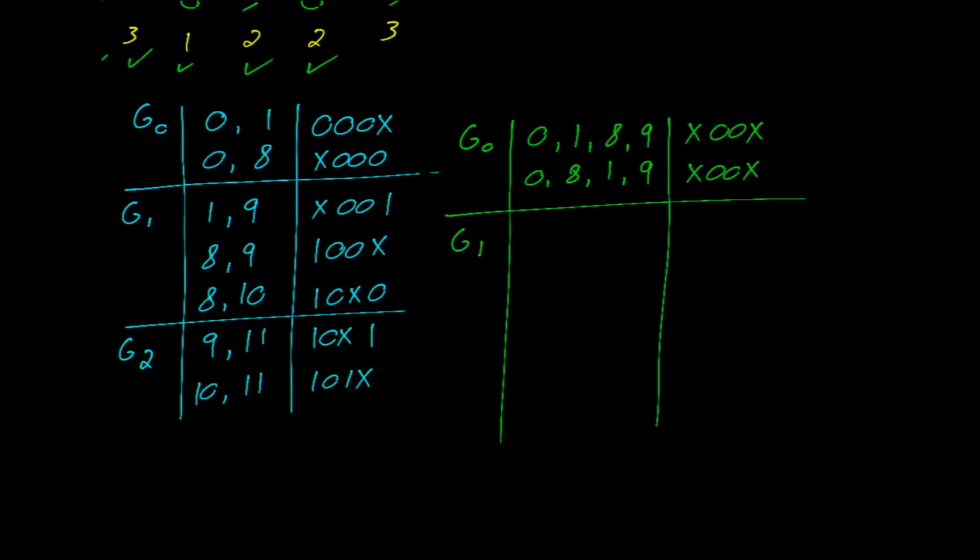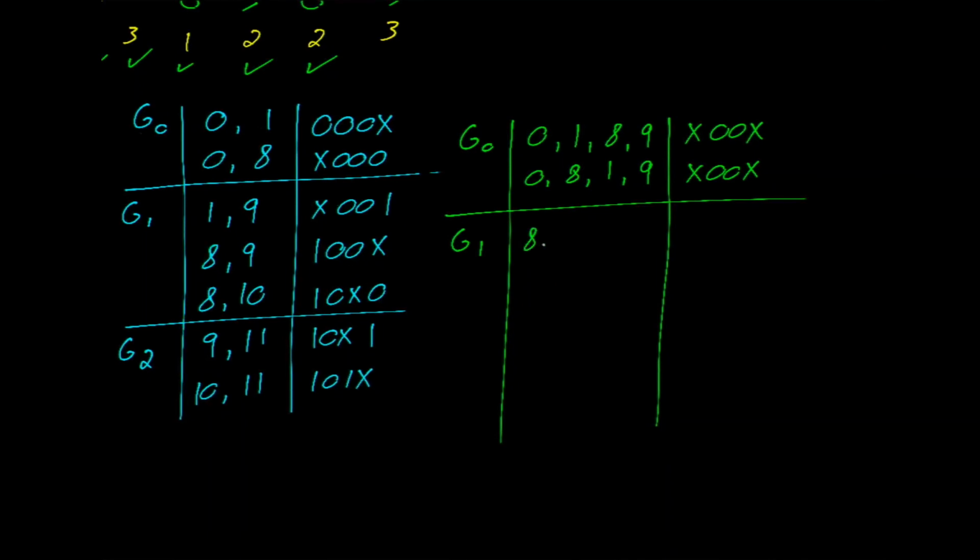Group 1. We make a comparison here. Nope. And here. No. Here. No. Here. Looks like there's a 1-bit shift there.